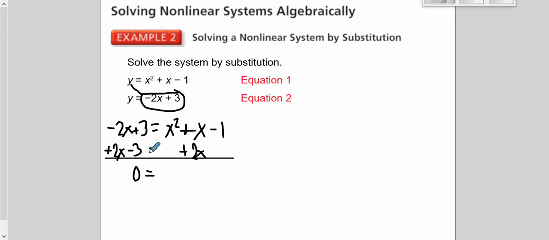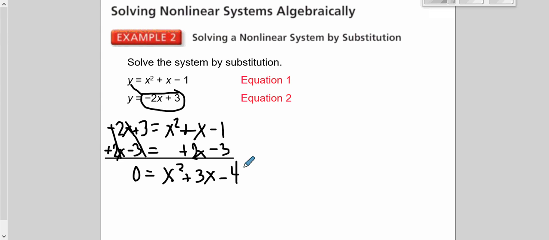Subtract 3. All right, as long as whatever I do to the left side of the equal sign, I also do on the right side. I also lined them up with their like terms so that's easier. 0 equals x squared plus 3x minus 4.